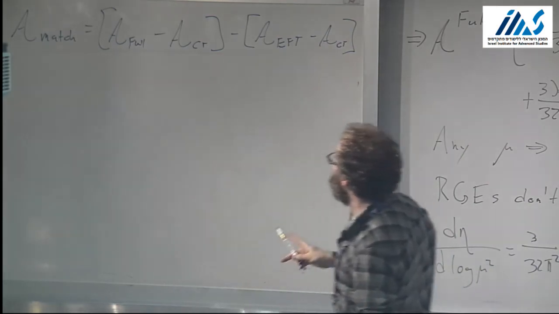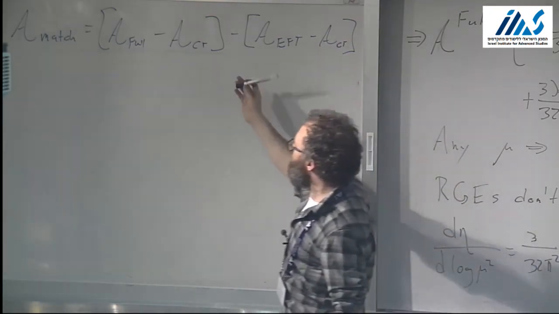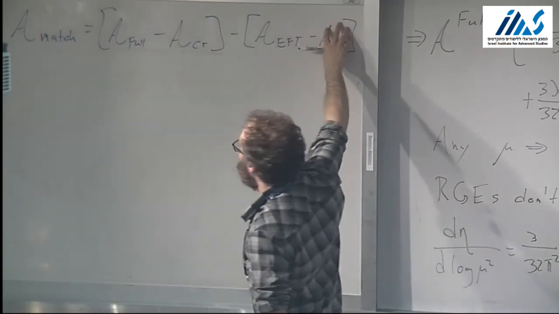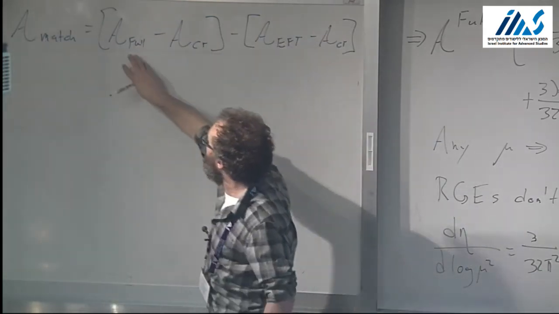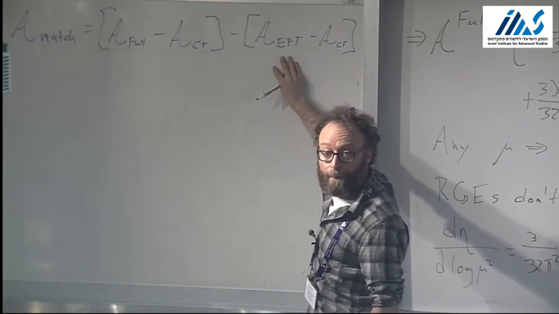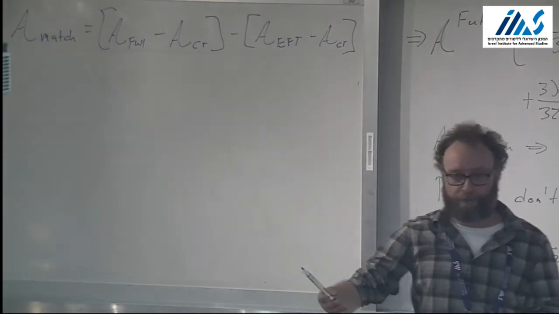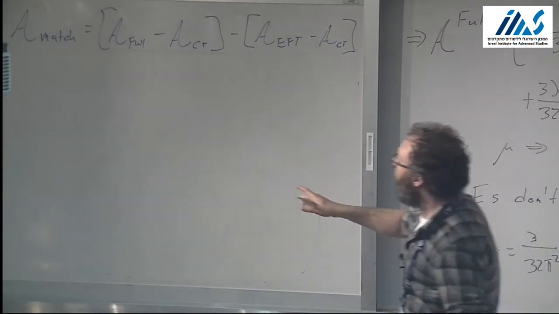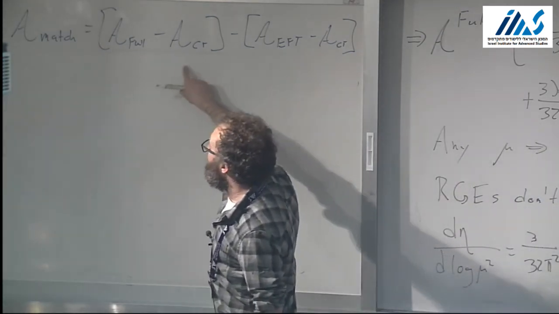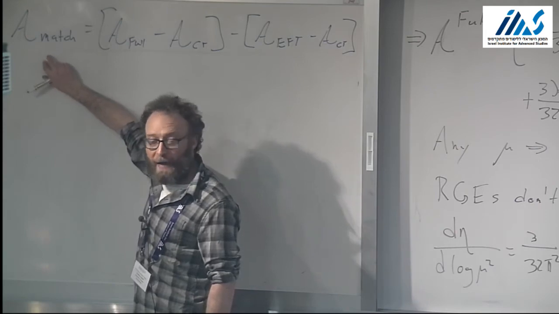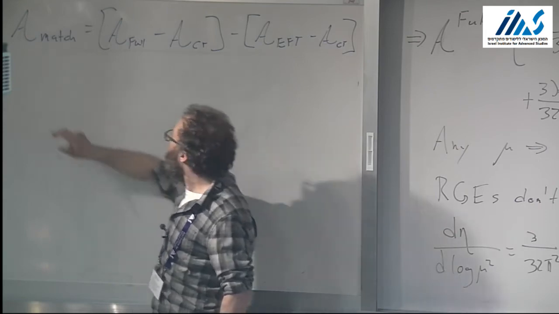At tree level, this was trivial. These were 0. We didn't have to include counter terms, and we just set A full equal to A EFT and solved for whatever the Wilson coefficient needs to be in terms of the fundamental parameters. But now we need to include renormalization, and what we're going to find is there's going to be a mismatch, okay? And we're going to call that the matching coefficient.